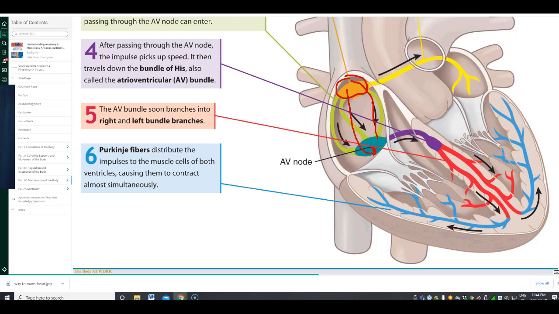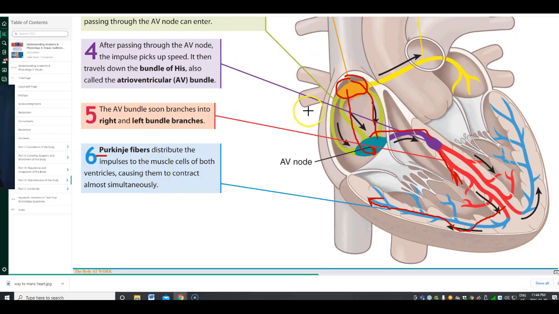The atrioventricular node then passes it down the interseptal bundles. Then you come to what is called the bundle of His. Then it breaks into bundle branches, and then it spreads to the very end called Purkinje fibers. Notice it's a capital P because of the guy it's named after.